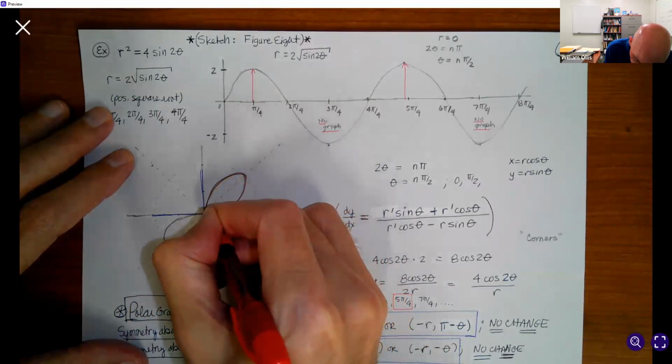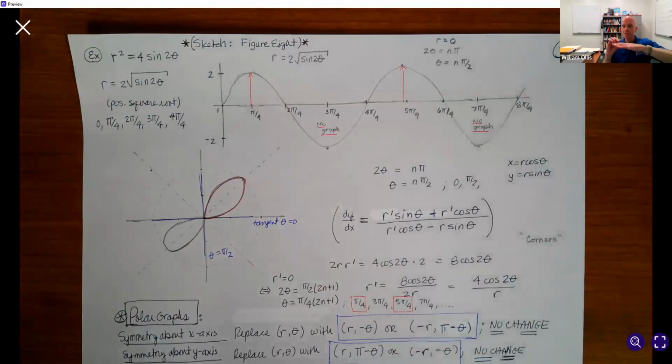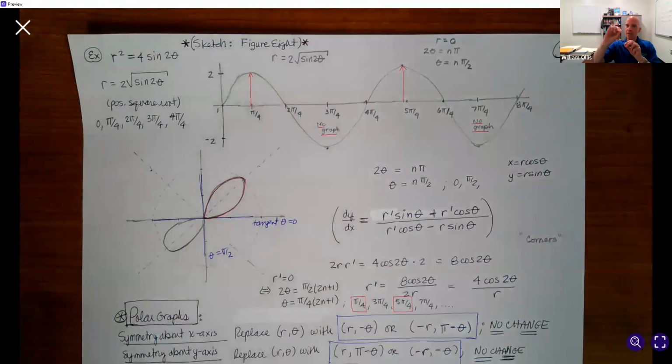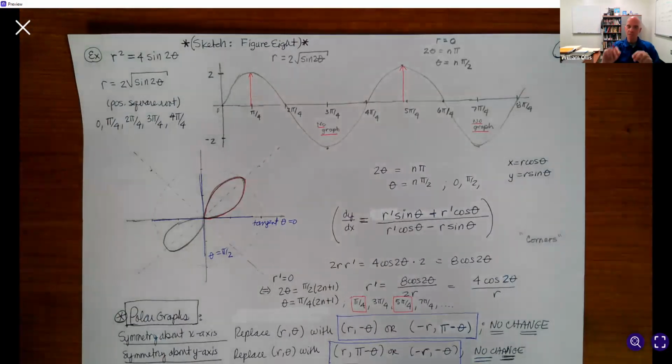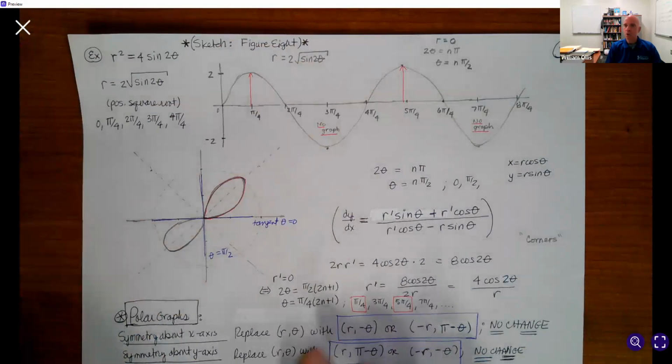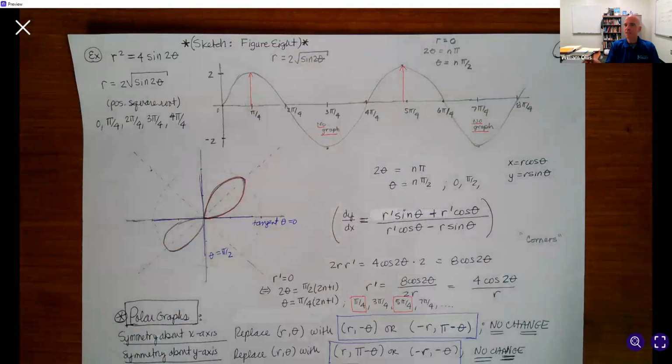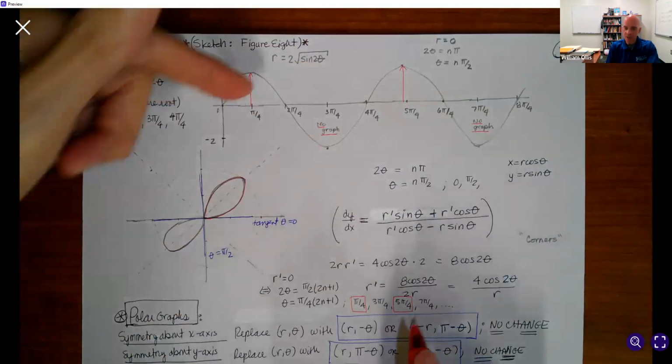Again, remember R is related to the value of theta, and so as theta changes, the value of R will just move out, increasing, decreasing, so you get this beautiful petal, and we end up with the figure 8. But how beautiful it is and how simple it is when we look at it this way.